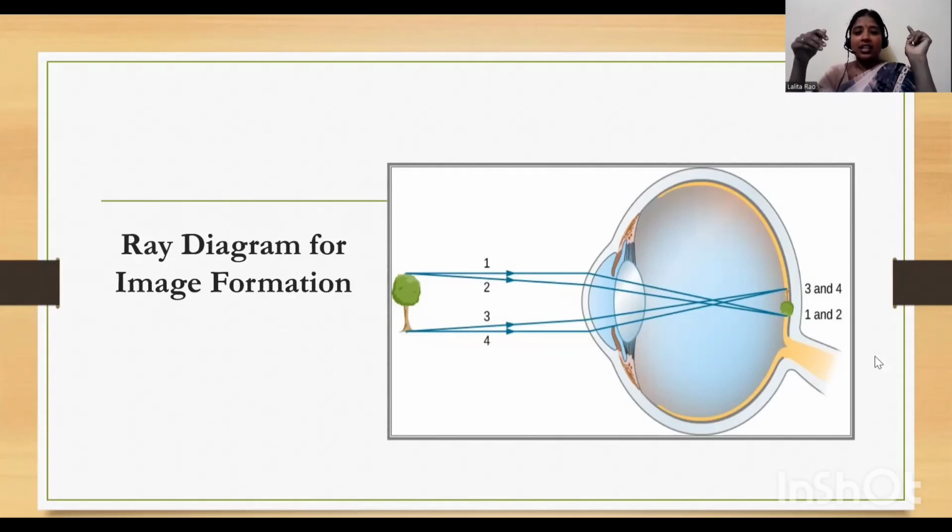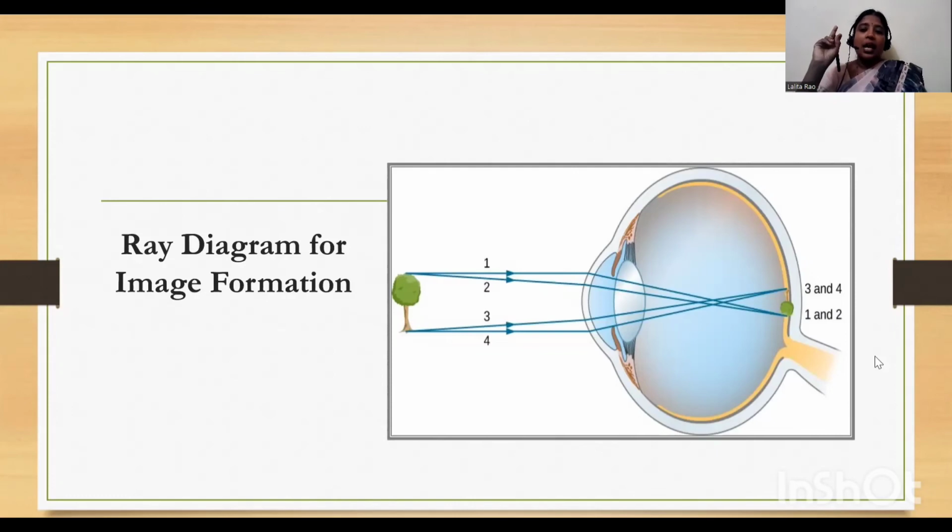Then at the center of the iris we have the pupil. That pupil controls and regulates the amount of light entering the eye by contracting and relaxing depending upon the available intensity. Then after that we have the crystalline lens, which is held in its position by the muscles known as ciliary muscles.